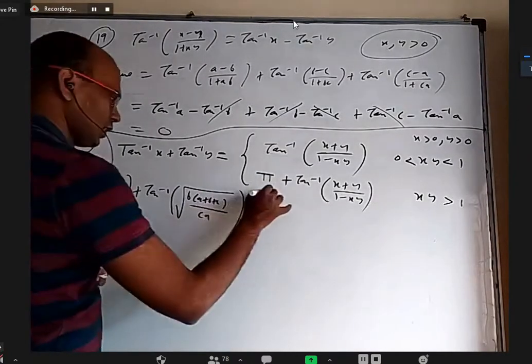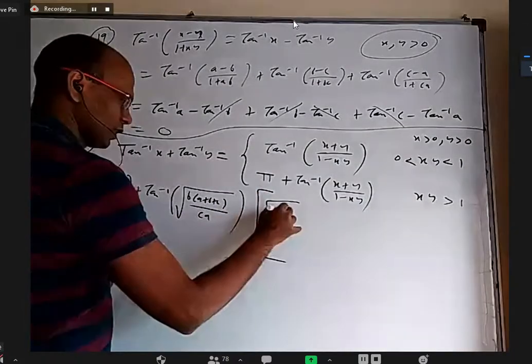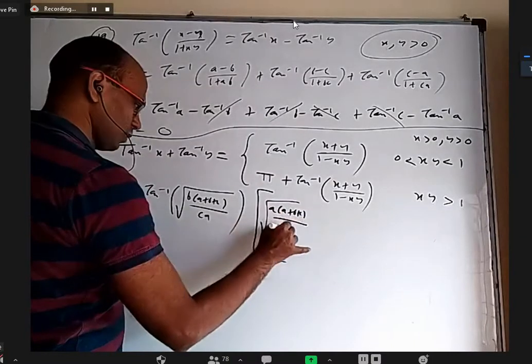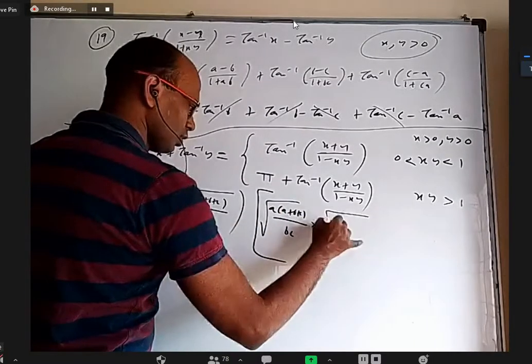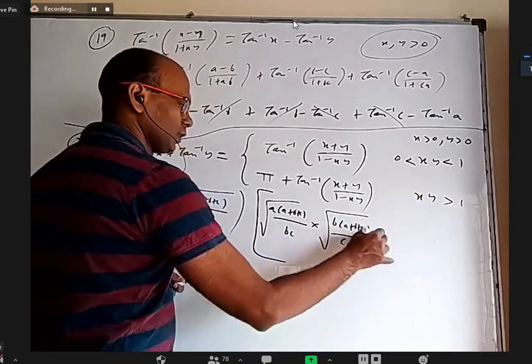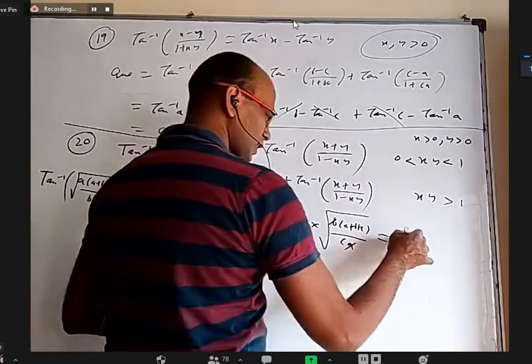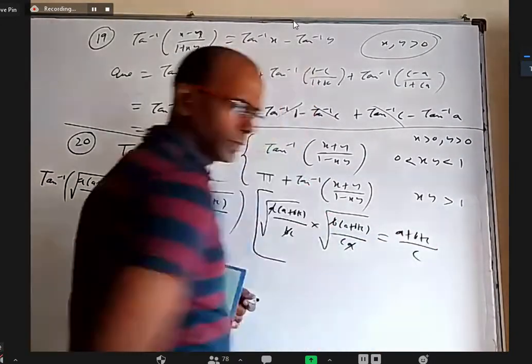Maybe I can even write. Sir, (a plus b plus c) by c, sir. Yeah. Root over a into (a plus b plus c) by bc, into square root of b into (a plus b plus c) by ca. The a will cancel, the b will cancel, you will get (a plus b plus c) by c.